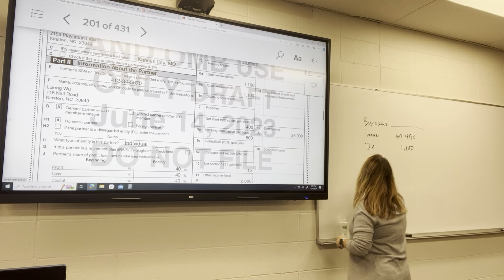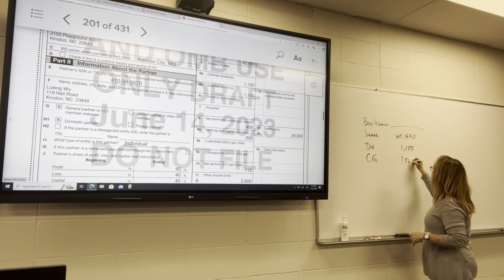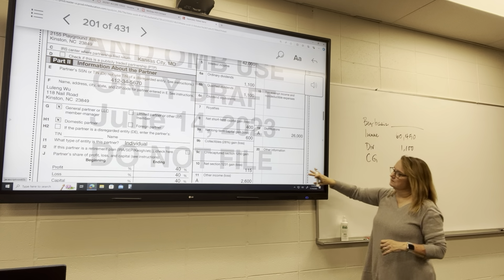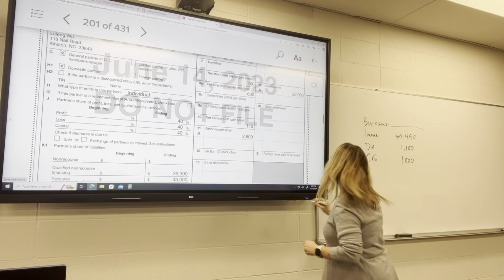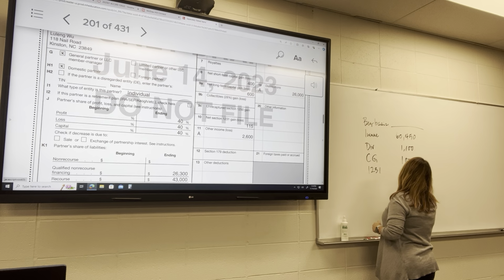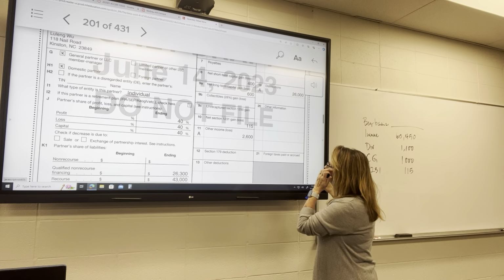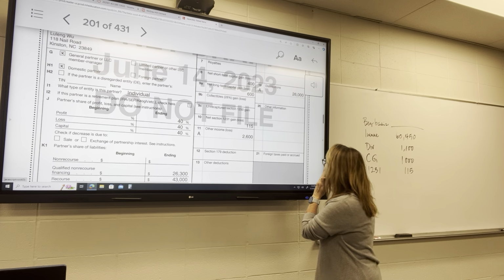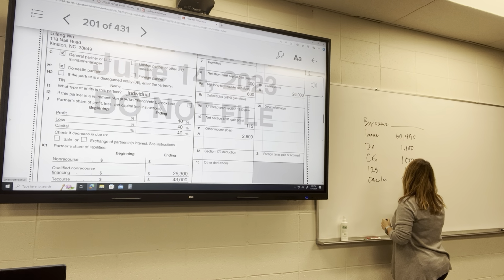Okay, so we'll just call them capital gains. So $1,000. We also have a 1231 gain of 115. All of these are additions here, and then the other income, that's it, is 2,600.